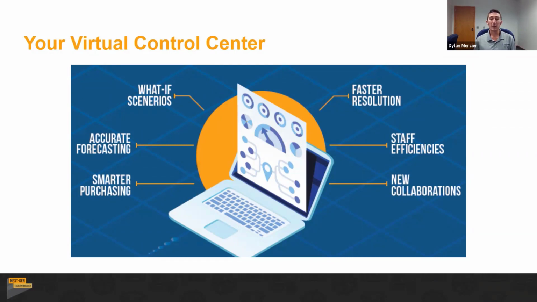It can open up new collaborations for you. It can help to get the IT department and the facilities department playing nicer, managing their assets all on the same system. Definitely helps make that information a lot more transportable back and forth, and makes that communication and collaboration a lot easier. And as I just said before, makes purchasing much smarter and streamlined.